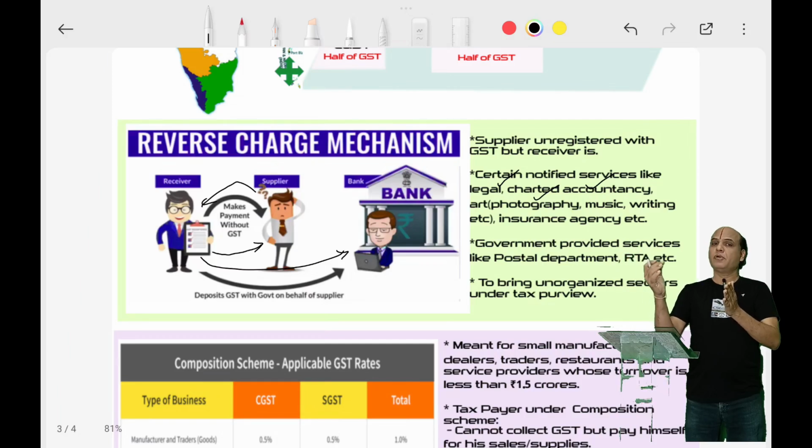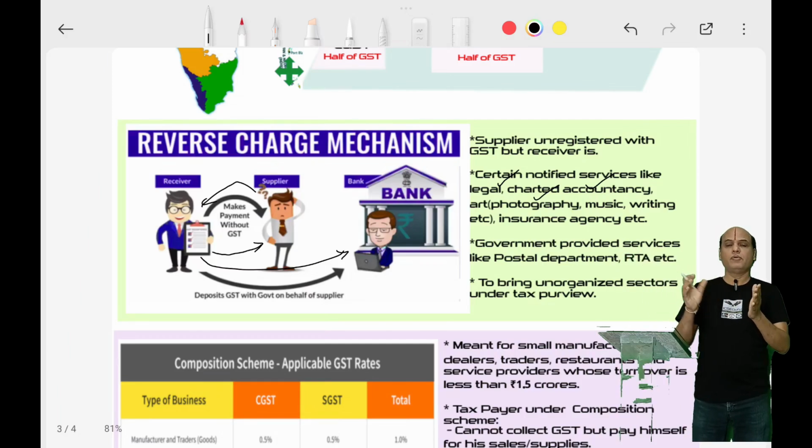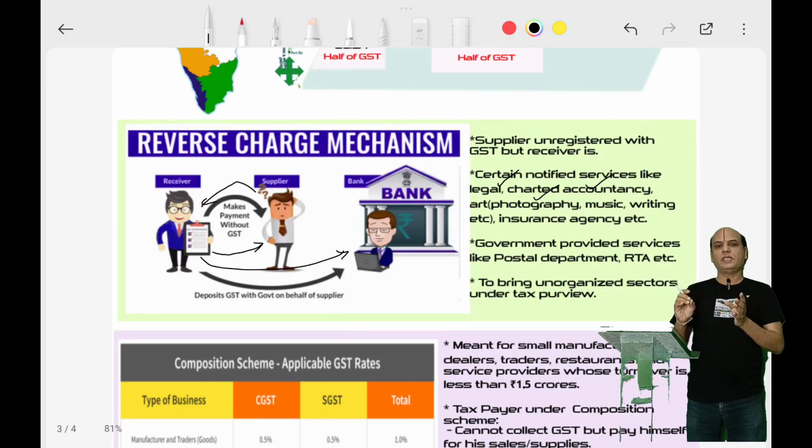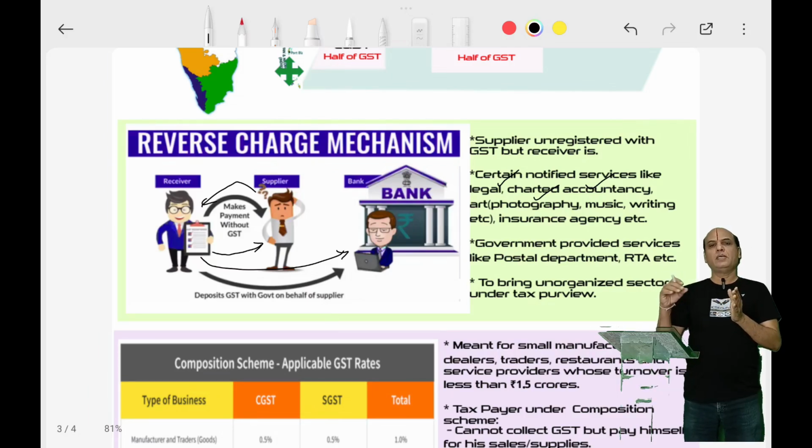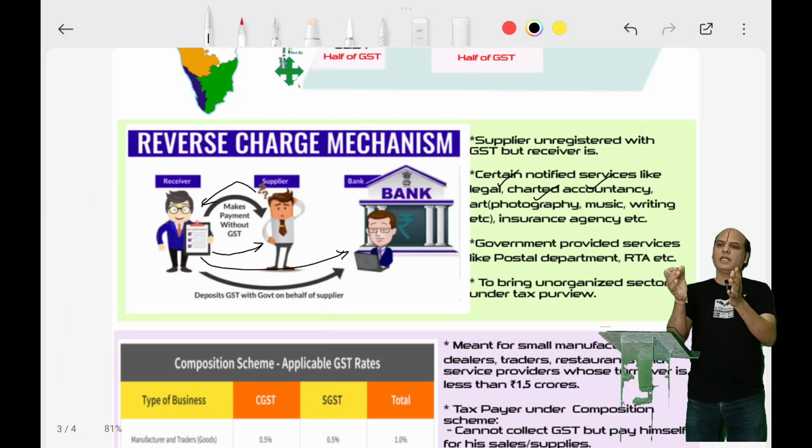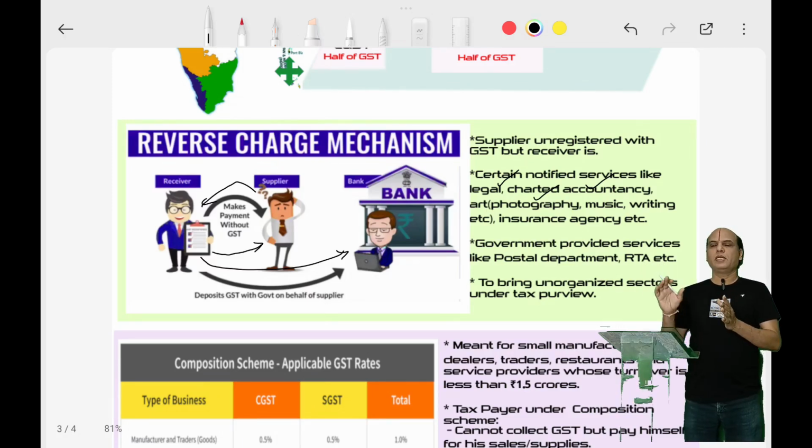They receive money only to the worth of service. They don't receive GST. So GST has to be paid by the user of the postal services. So postal services, they simply offer their service and they collect money worth their service. They don't collect GST. So whoever is using postal service, they are supposed to deposit the GST in government bank.